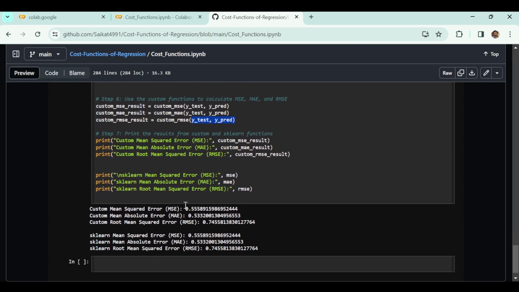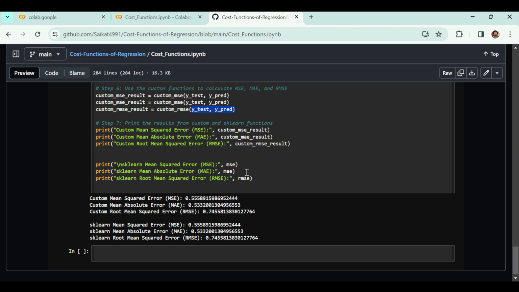Now let's compare them. When we print the custom and sklearn cost functions, as you see, the custom mean squared error is 0.55 and the sklearn mean squared error is also 0.55. So the definition behind the library function is also the same, no?